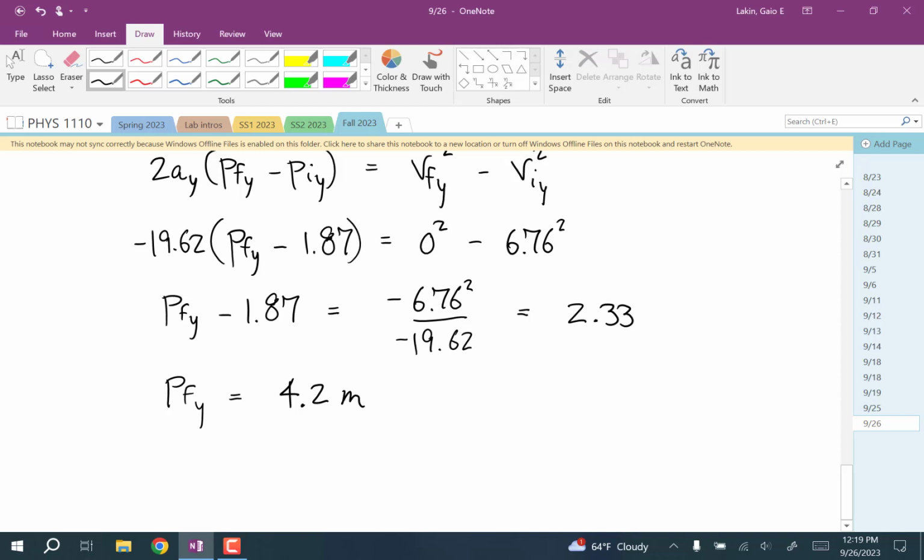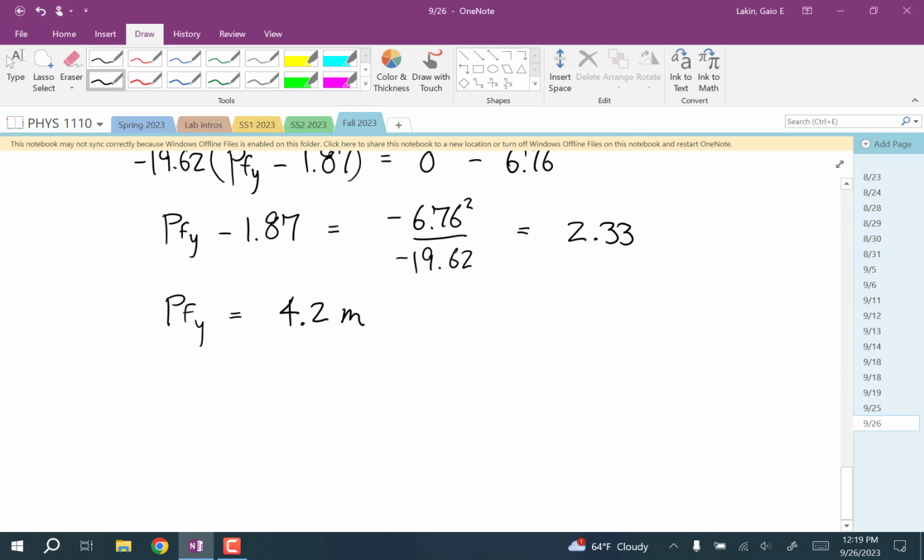Okay, so that's PFY. So now we're halfway there. We have to calculate PFX too. But there's no equation that'll let us calculate PFX. So again, we're going to have to find time final.